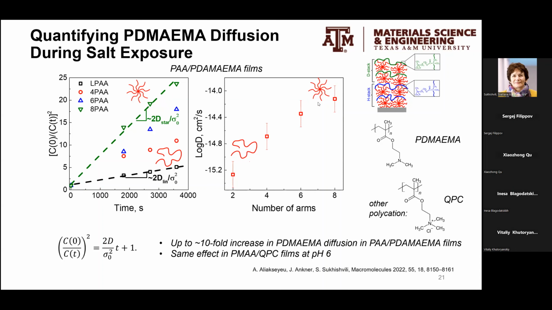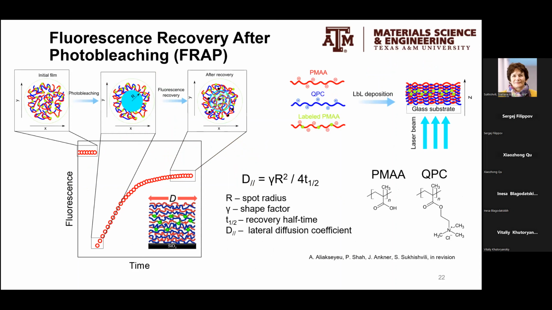This also argues against some models which show that the stars interact with linear polymers through entanglements with the core of the star polymers. So finally, we do fluorescence recovery after photobleaching experiments. In this case, we label polyacids of different molecular architecture with Alexa dyes, and look at the lateral diffusion, or self-diffusion, of the polymer chains.